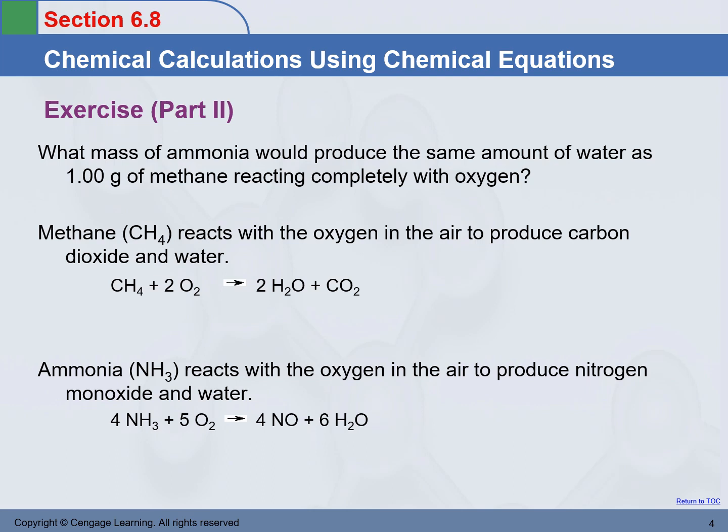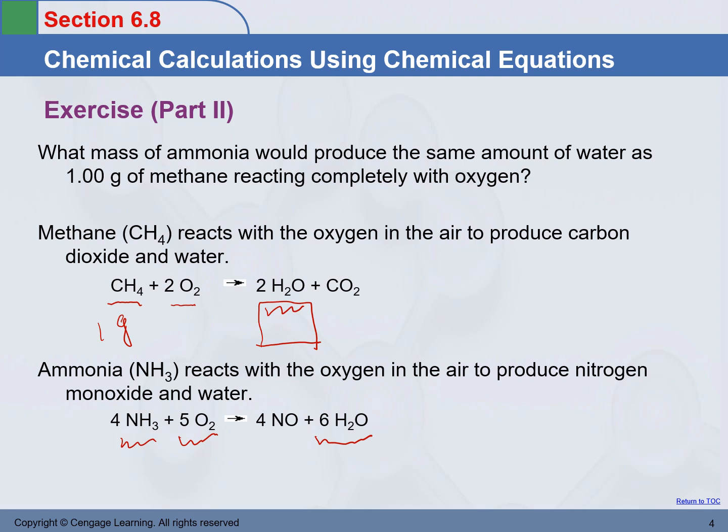Well, it looks like methane reacts with oxygen and will produce water. Ammonia reacts with oxygen and also produces water. Now, the question tells you that 1 gram of methane reacting completely with oxygen will produce a certain amount of water.